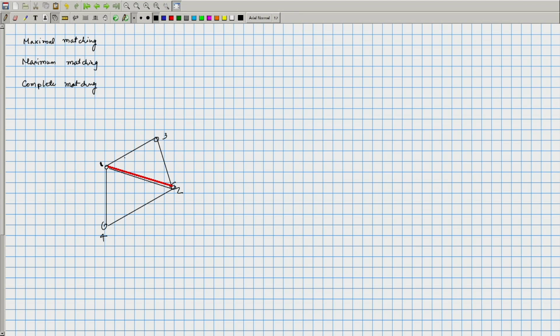But this is clearly not the maximum matching, in the sense there are larger matchings that can be obtained.